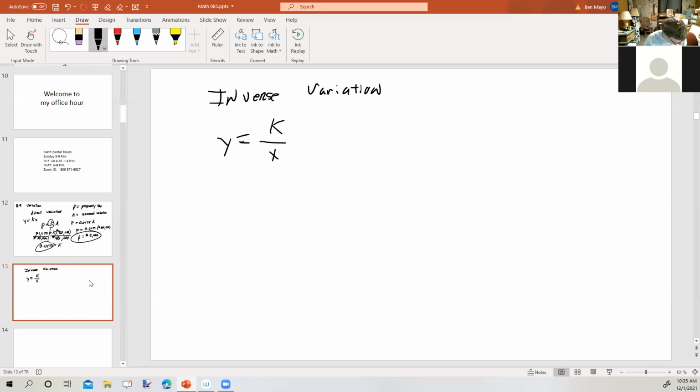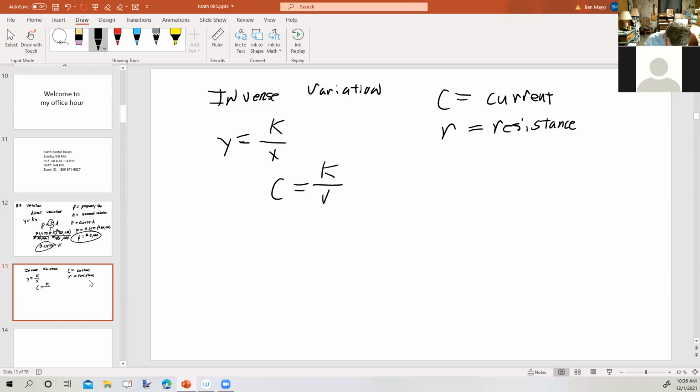Okay, for a fixed voltage, the current varies inversely as the resistance. So we're going to let C equal current, and R is going to be the resistance.